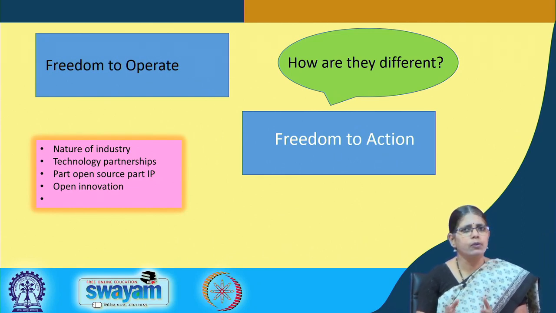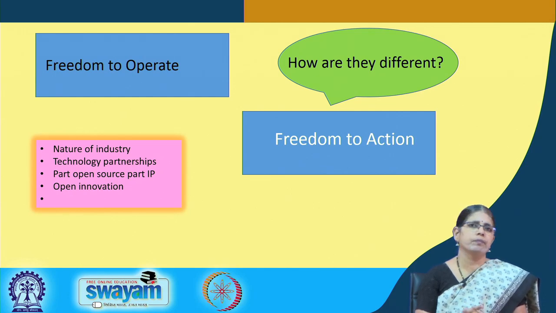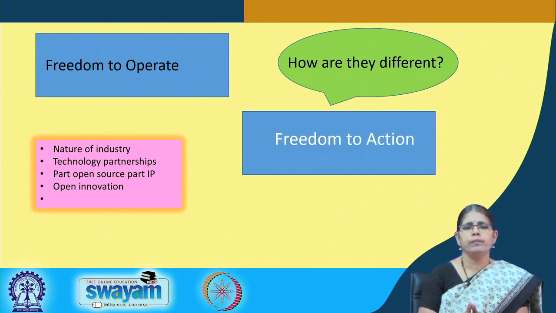So, actually there could be no freedom to operate in each of the cases. Every company will come across a scenario where there will be no freedom to operate. What to do then? But products will be planned. This is the stage at which we are looking at what we call the freedom to action.